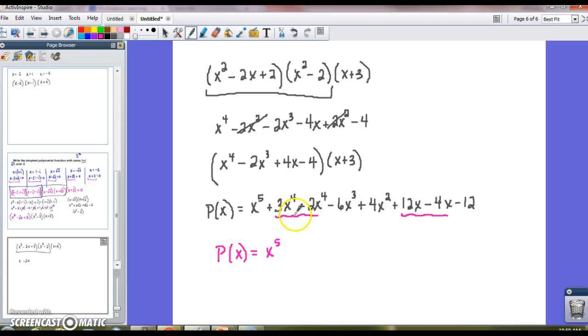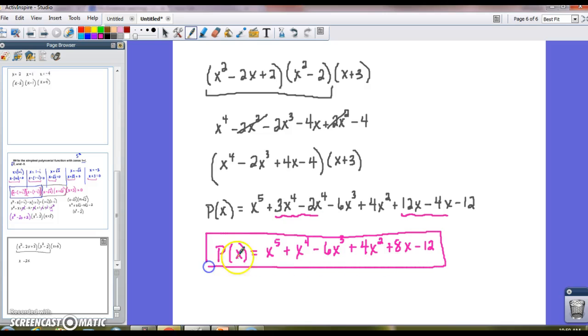That gives me x to the 5th plus x to the 4th minus 6x to the 3rd plus 4x squared plus 8x minus 12. And that, oops, is your final answer. Okay, that's a 3 there, by the way.